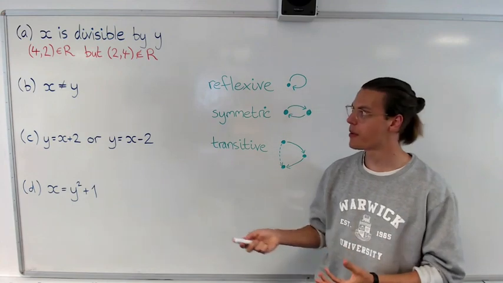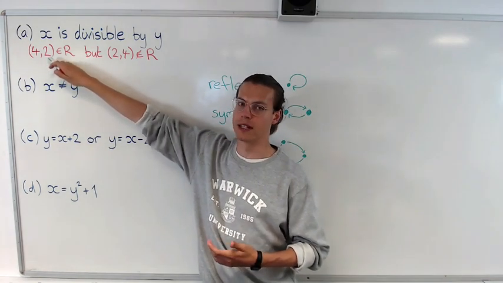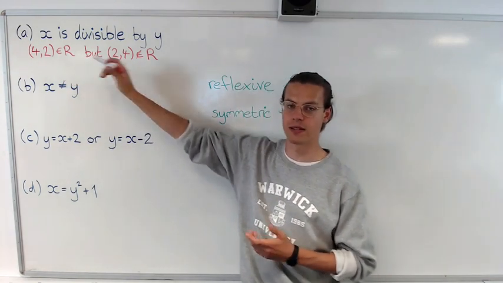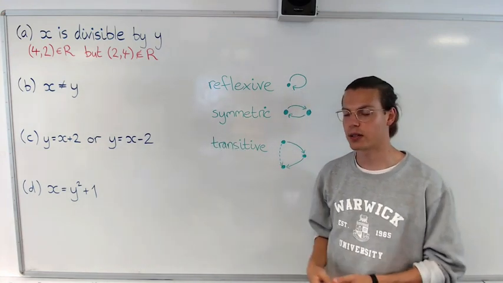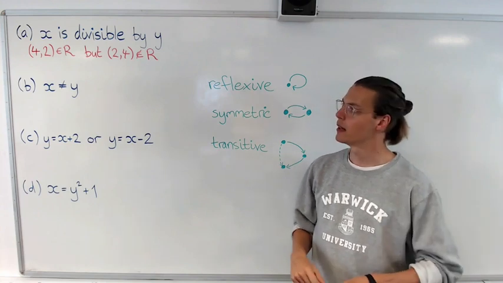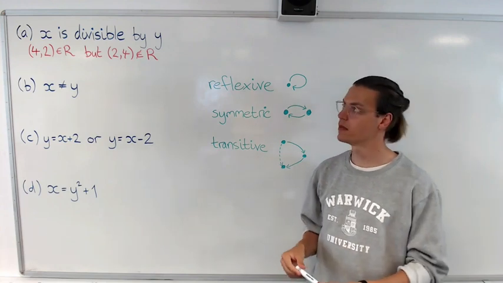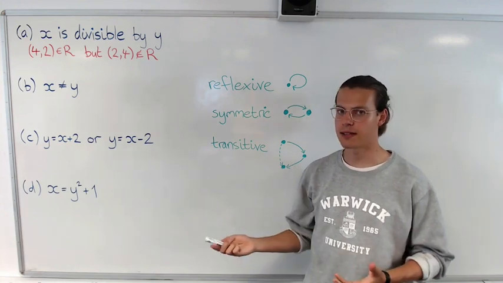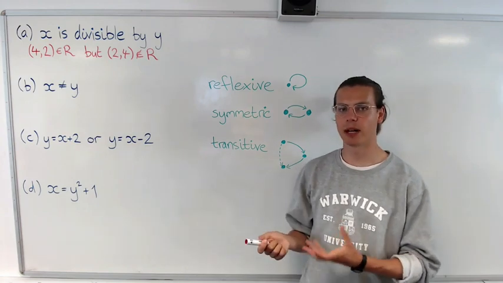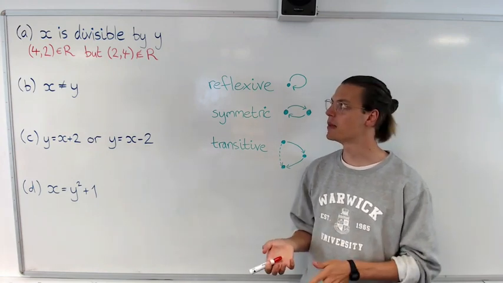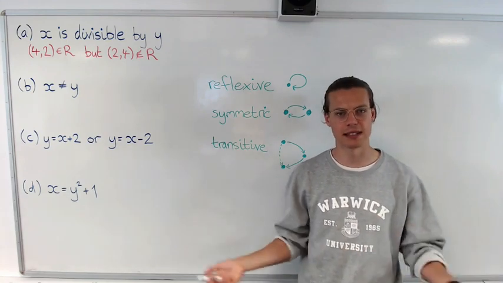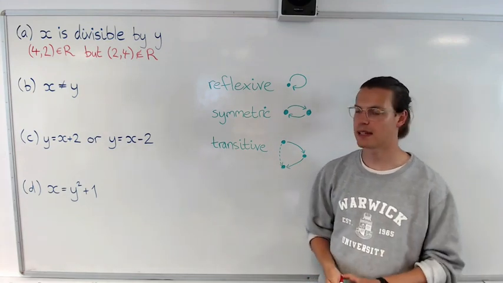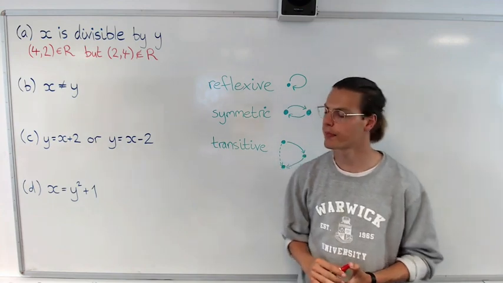If it were symmetric, then since 4 is related to 2, we would have 2 related to 4. This is not the case, so this relation is not symmetric. And is this relation transitive? Well, if x is evenly divisible by y, and y is evenly divisible by z, then x is divisible by z. So yeah, this is a transitive relation.